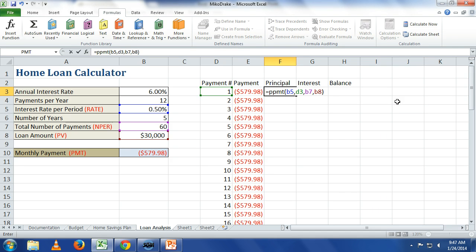But what do I need to do with the cells? What's going to be absolute and what's going to be relative? Everything's going to be absolute except D3. So I'm going to highlight the whole thing and hit F4. Then I'm going to highlight D3 and turn it off with F4.